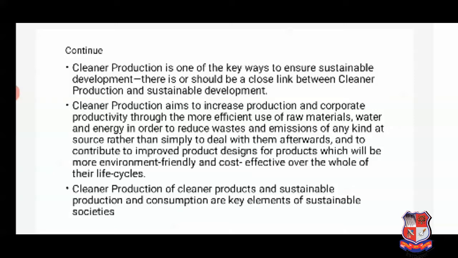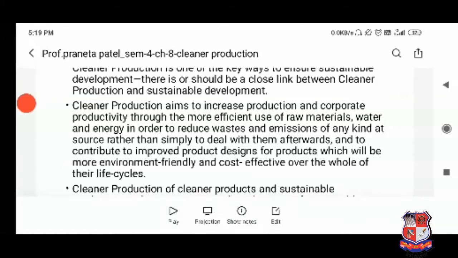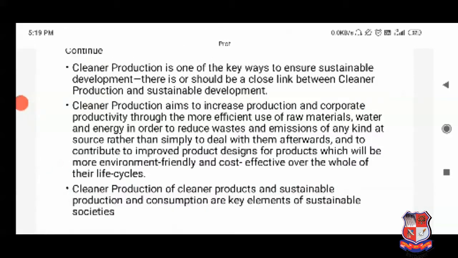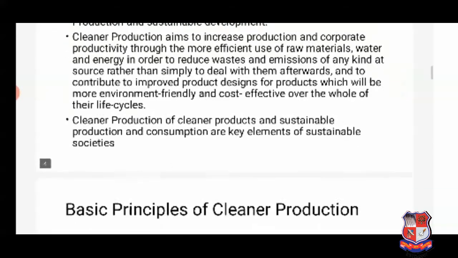The main aim of cleaner production is to increase production and corporate productivity through more efficient use of raw materials, water and energy in order to reduce waste and to improve product design, which will be more environment friendly and cost effective over their whole life cycle. Cleaner production, cleaner products and sustainable production and consumption are key elements of sustainable societies.